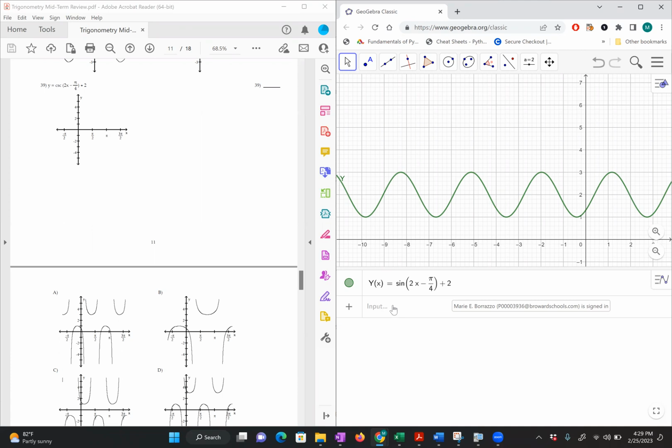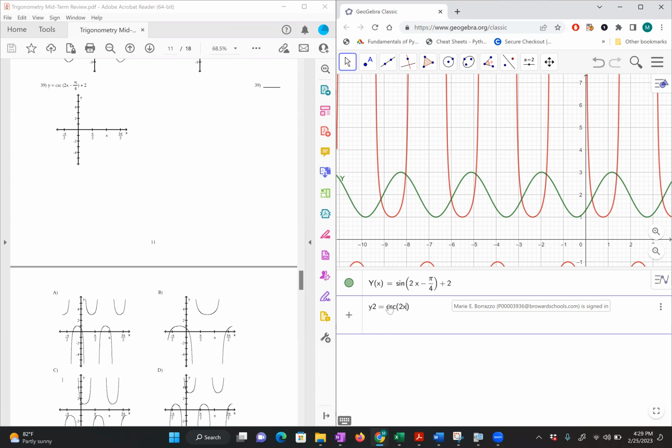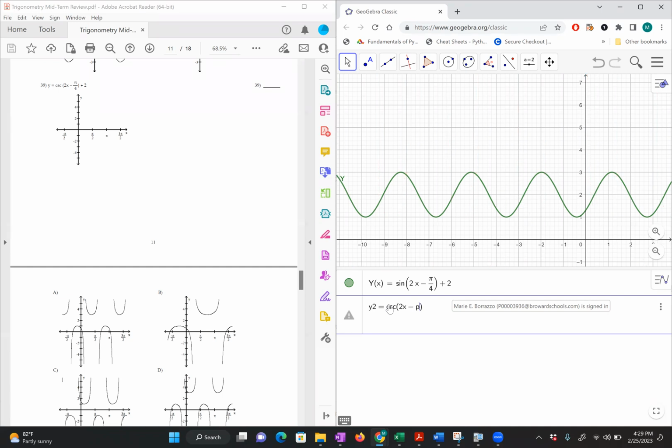All right, in the second graph, I'm going to put y equals, call it y2. y2 equals cosecant, parentheses, and we're going to do 2x minus pi over 4.